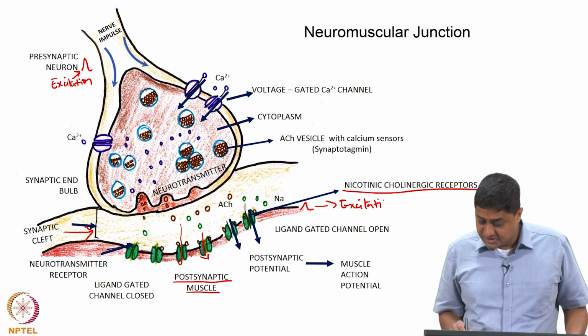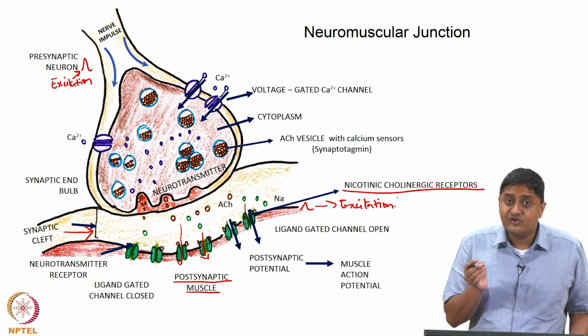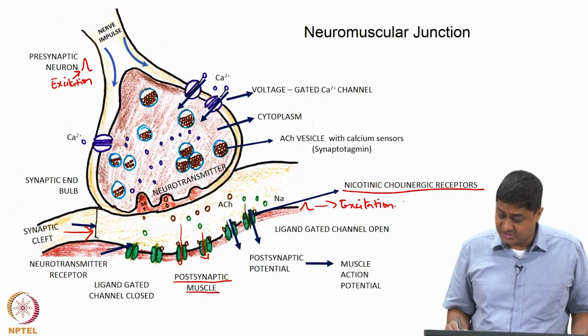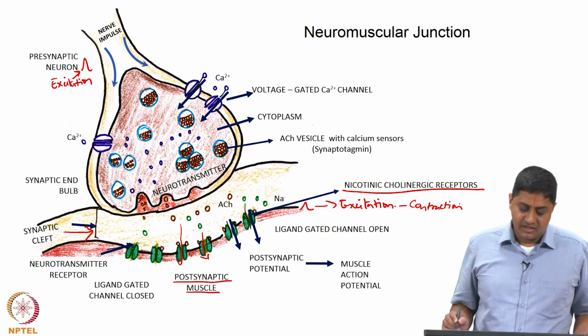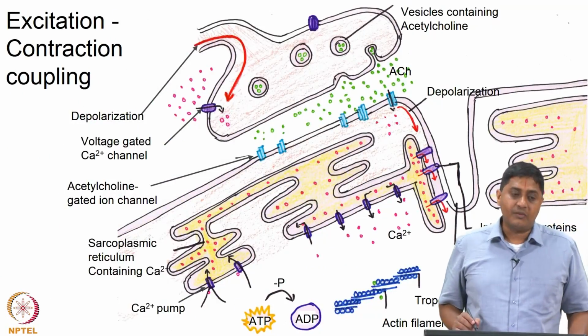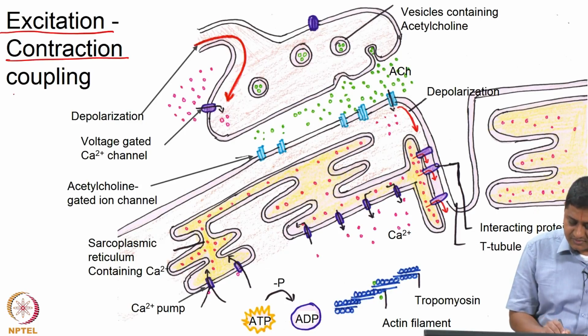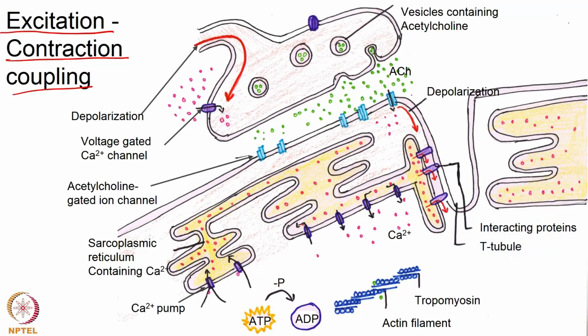However, we are interested in what happens at the muscle level. How is force produced? Force is produced due to contraction. We are interested in understanding the relationship between excitation and contraction, or more specifically excitation contraction coupling. How are excitation and contraction coupled? That is the question.